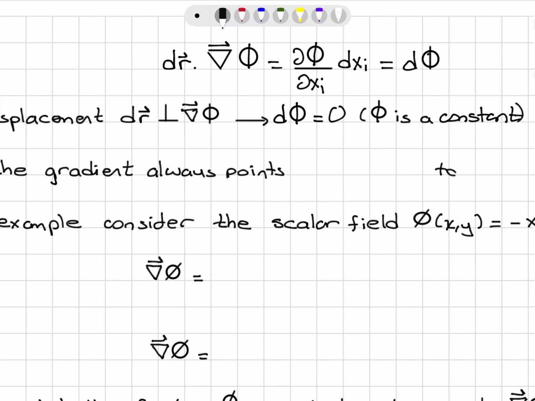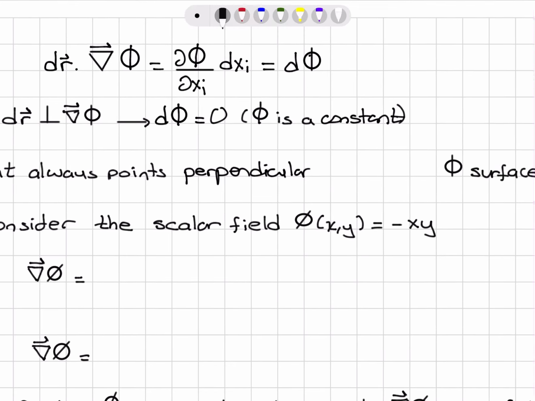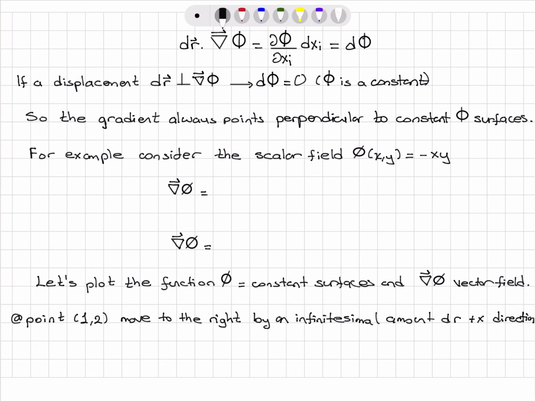So we find that the gradient always points perpendicular to constant phi surfaces, so constant scalar field surfaces. This is an important finding. The physical meaning of the gradient is it's always pointing perpendicular to constant phi surfaces.